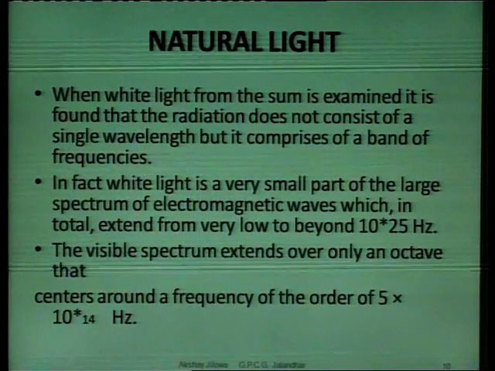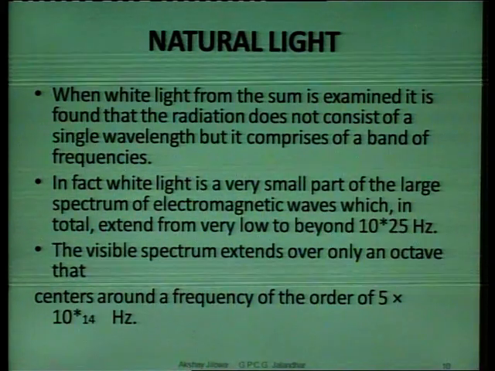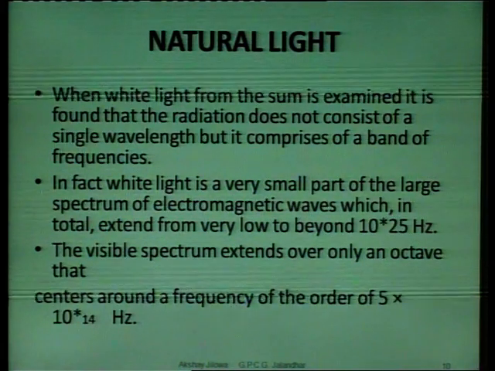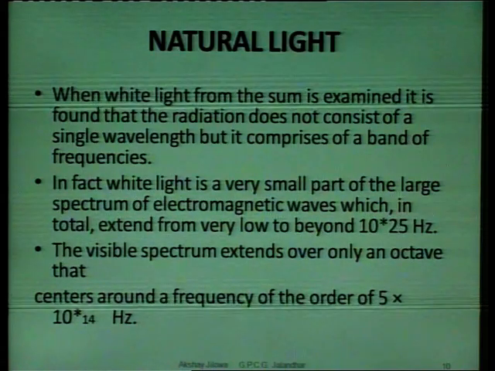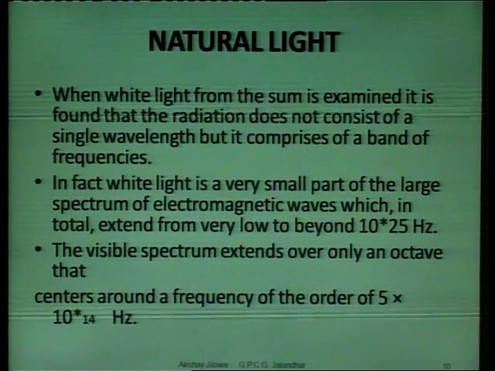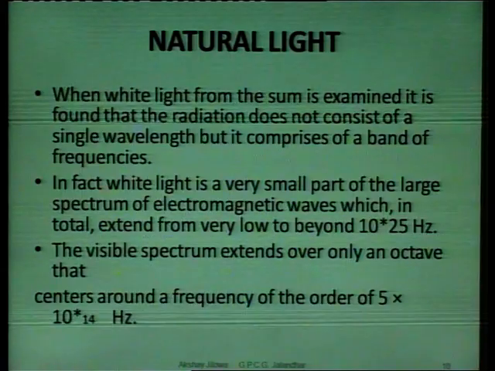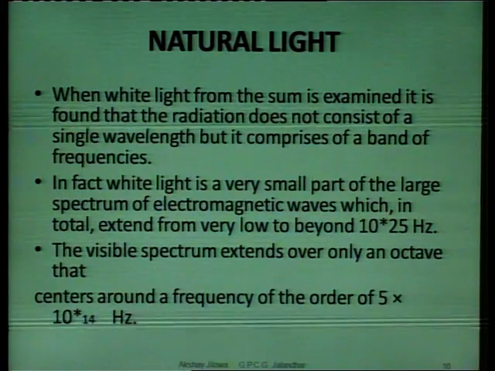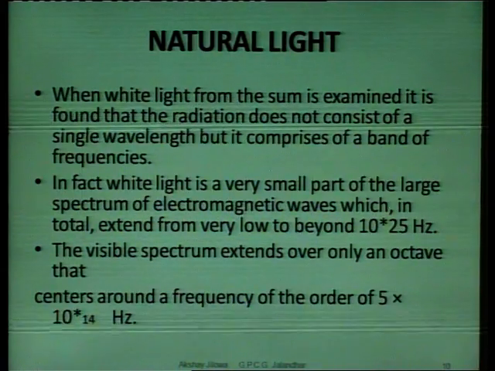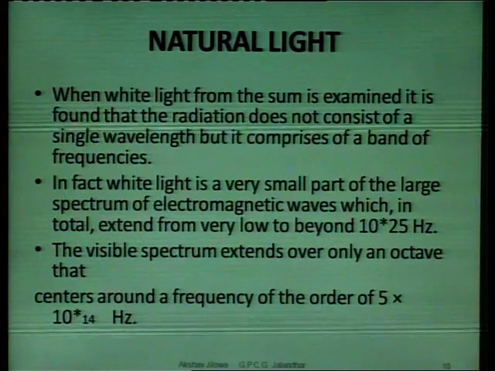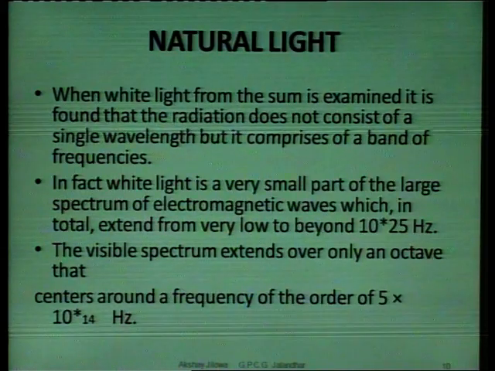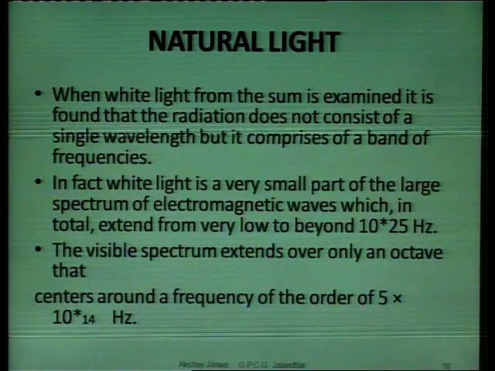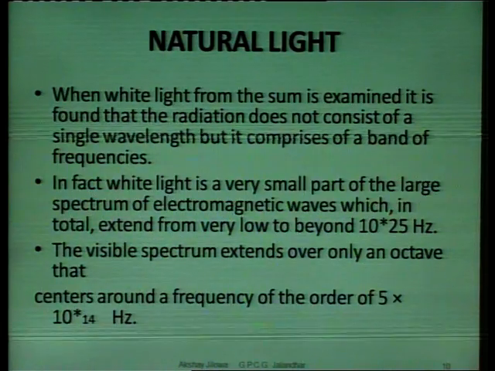In fact, white light is a very small part of the large spectrum of electromagnetic waves. We all know this is only the visible spectrum, what we call light, otherwise the spectrum is very wide, which in total extends from very low frequencies to beyond 10 raised to power 25 hertz.